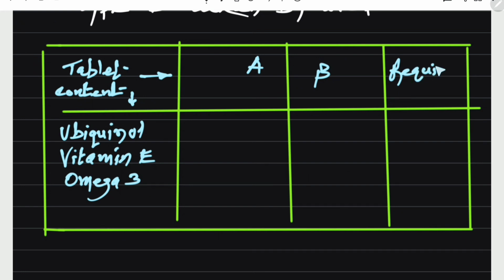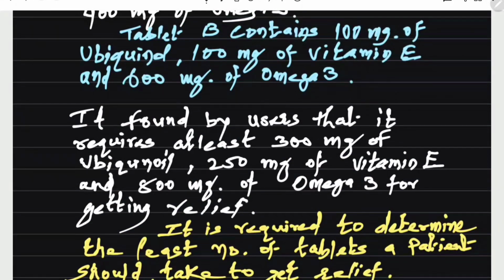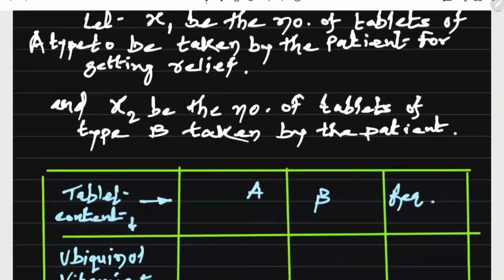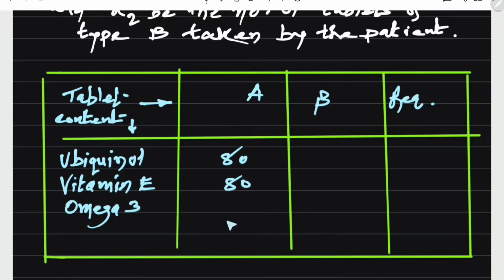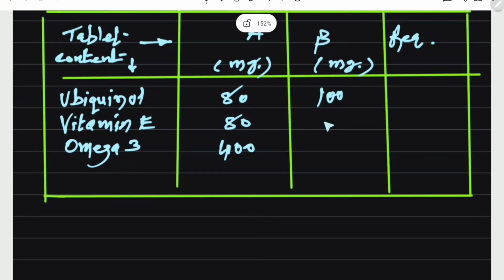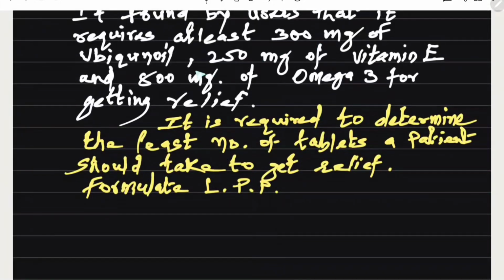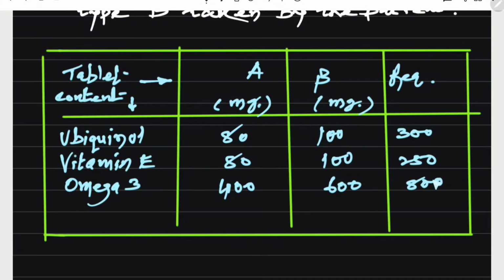Tablet A contains 80 mg, all these values are in milligram. First para gives the content of A, therefore it is 80, 80 and 400. For tablet B, it is 100, 100 and 600. And the requirement is 300, 250 and 800.